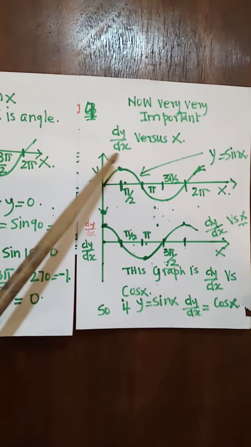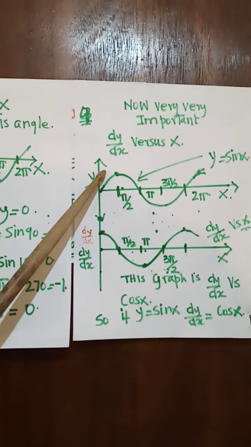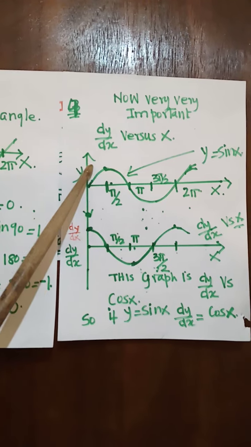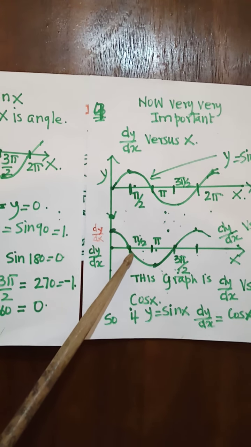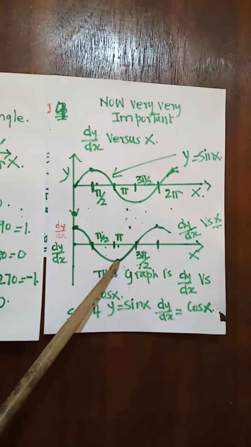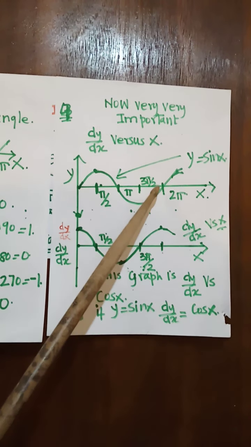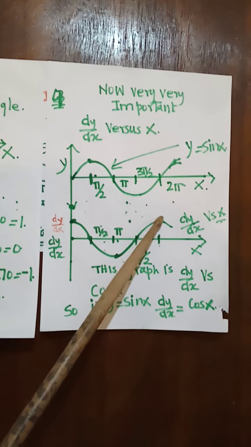And here, when it is at the maximum, the tangent is a straight line parallel to the x-axis, so there is no slope, and dy/dx is 0. And here dy/dx is minus 1. And then here dy/dx is 0. And here, when x is 0 again, dy/dx is maximum.